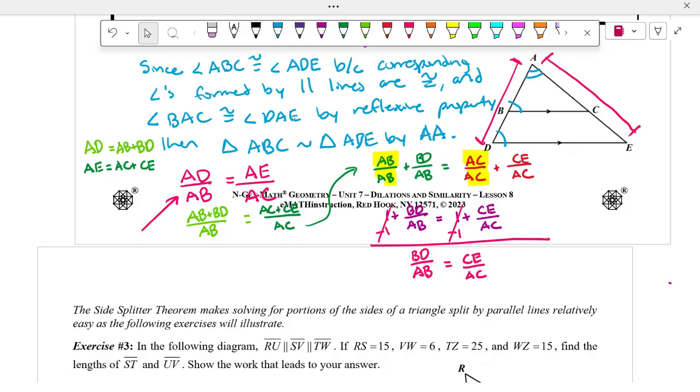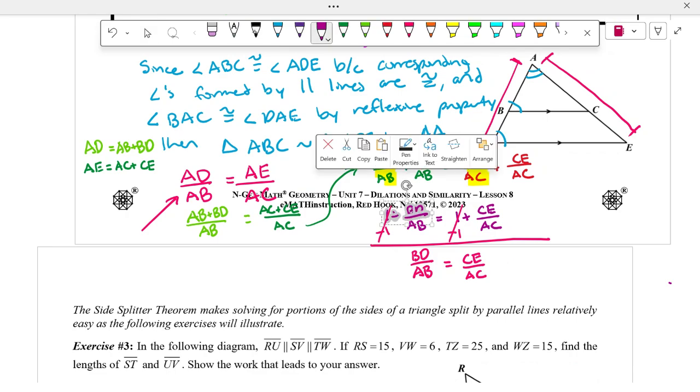You can always flip fractions as long as they are the same flip, so we can flip those fractions. Guys, listen to me very carefully. This derivation is not on the test. I'm showing you where the formula comes from. It's not just something someone pulled out of nowhere. It actually makes mathematical sense.